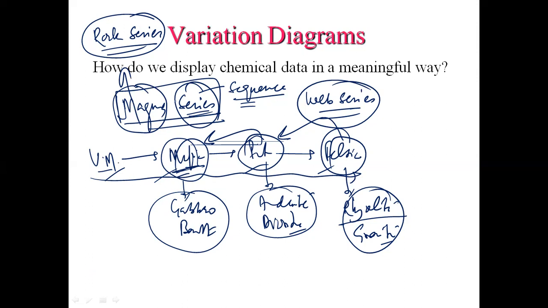This chemical variation in the journey of the magma series is represented by different diagrams, and these diagrams are called variation diagrams, because there is variation of chemical composition throughout the magma series when your magma evolves from mafic to felsic, or from basaltic to rhyolitic.